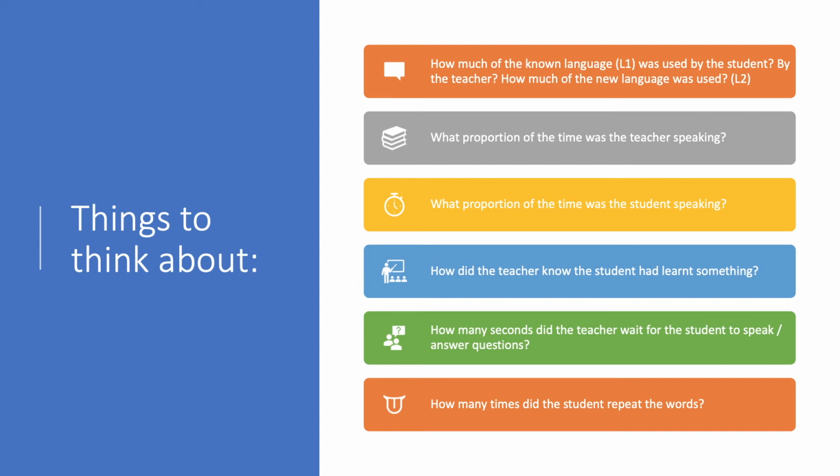Something we touched on earlier: how many seconds did the teacher wait for the student to speak or answer questions? You give them time to listen to what was asked, but you're eliciting it. You do give them time. You do need to give them thinking time. I find myself counting up to either 5 or 10 because it is very tempting to jump in.